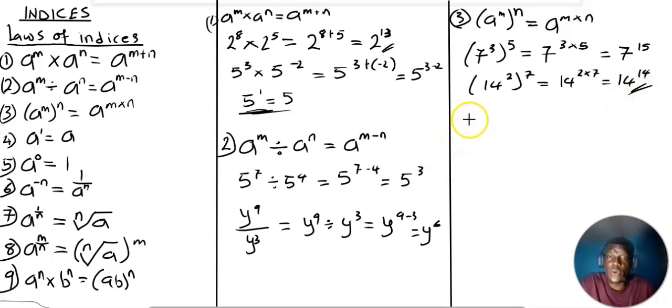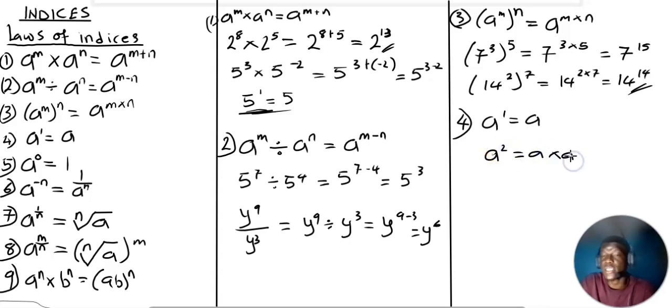Now let's move over to the fourth law that we have here. The fourth law says any number raised to the power 1 is equal to that number. What we mean is, when you have a raised to the power 2, it means a times a, so that's a in 2 places.